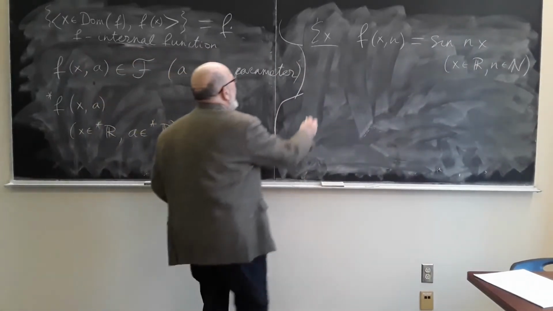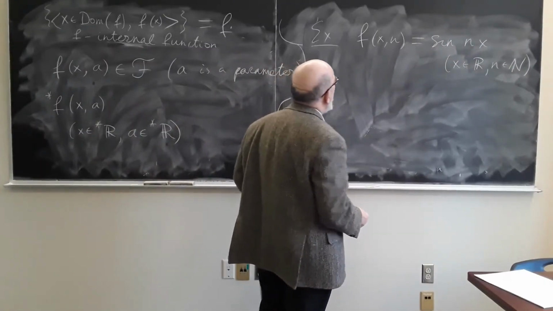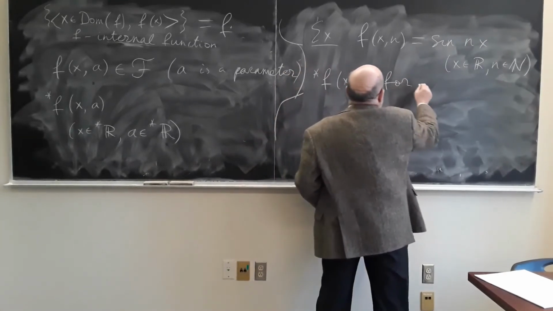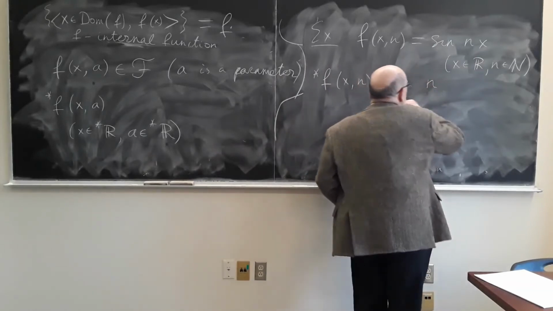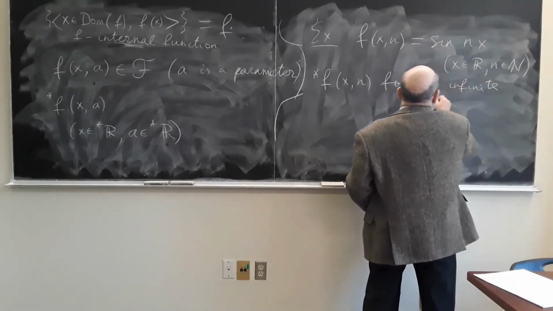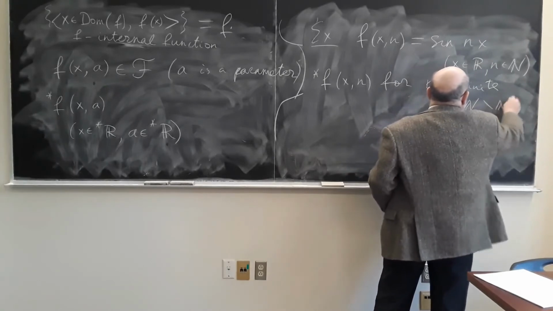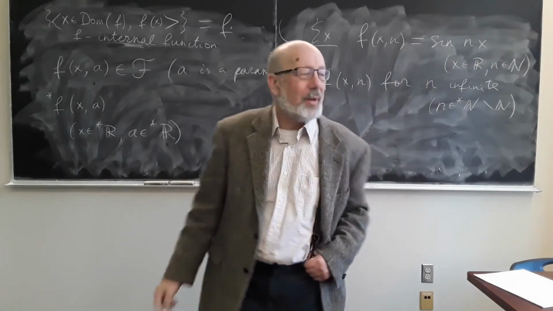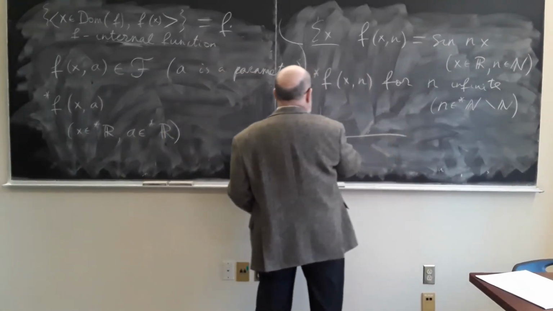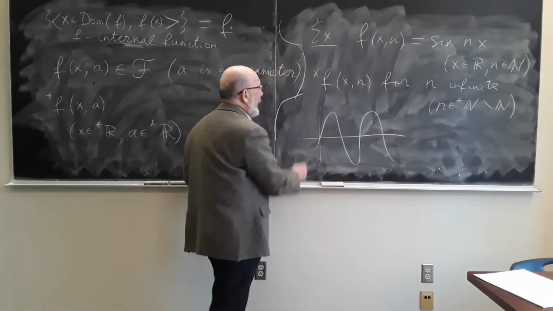And now let us take star f of x and n for n infinite, n in star N minus N. So what is this? This is the graph of this function for finite n.